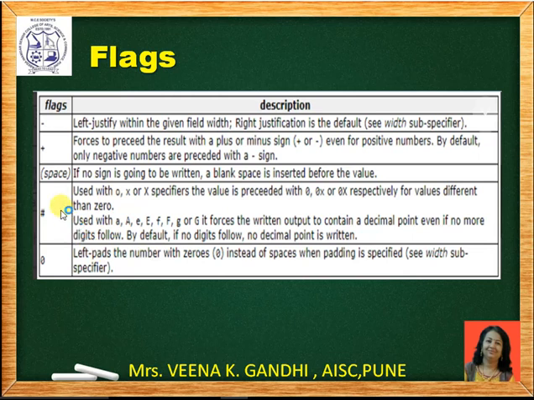If we use hash with capital A, small a, e, capital E, or f or g, then it forces the output to contain a decimal point even if no more digits follow. By default, if there are no digits after the decimal point, the decimal point is not written. Then 0: it left pads the number with 0 instead of spaces when padding is specified.